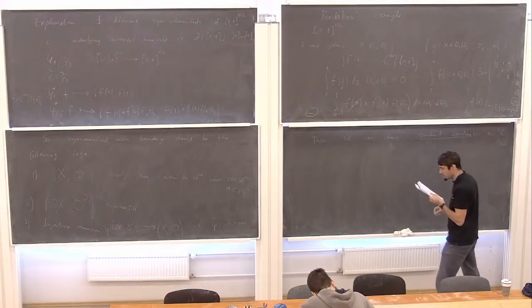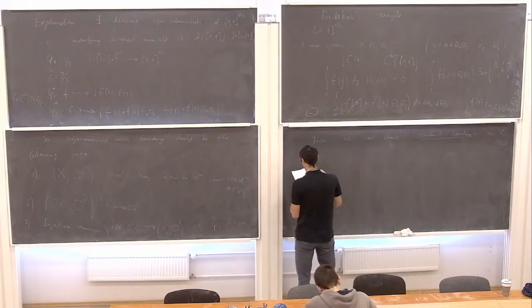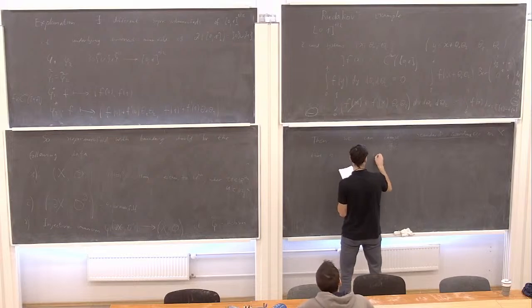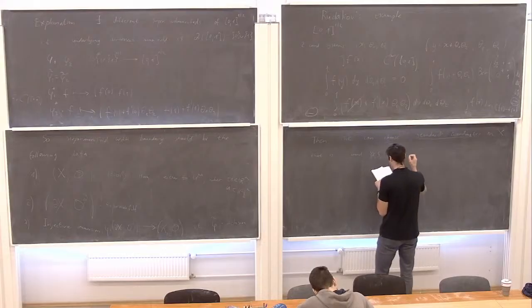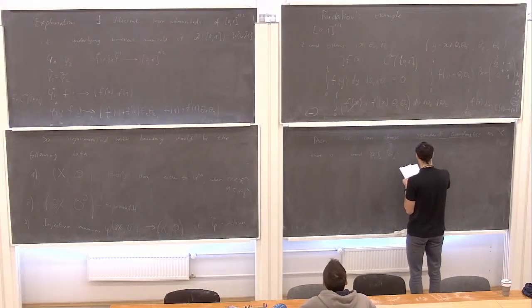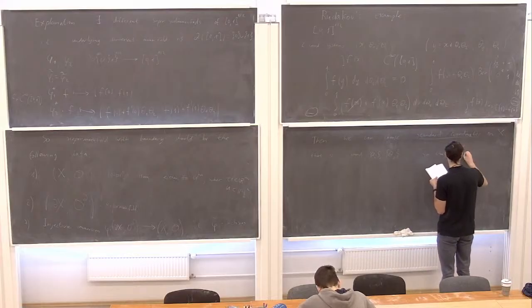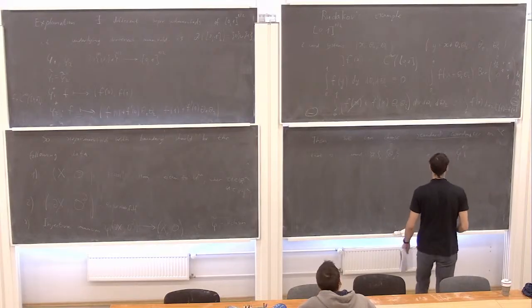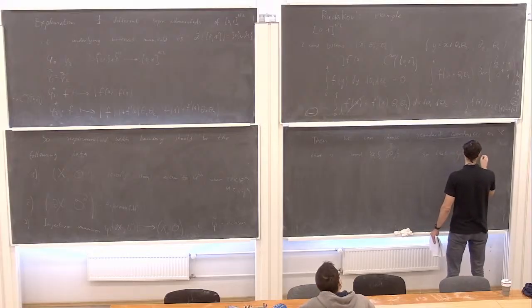What are those? That is coordinates x_i, theta_j, so that phi star of x_1 is 0.